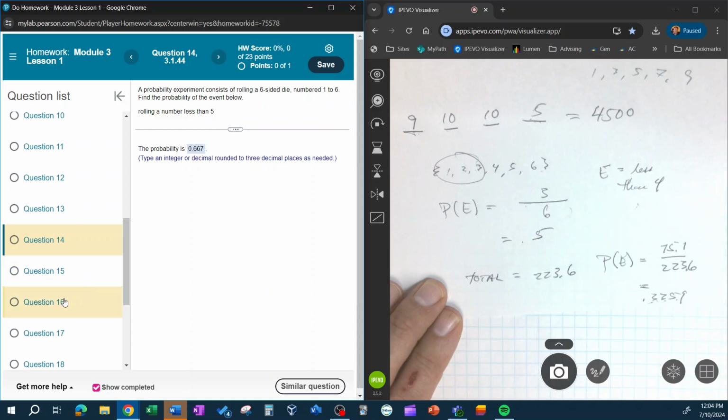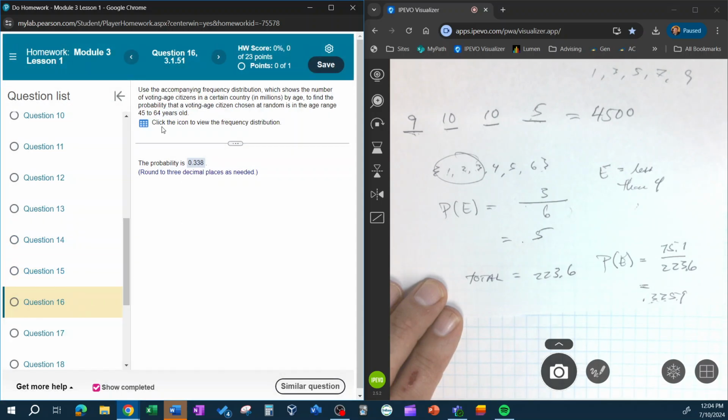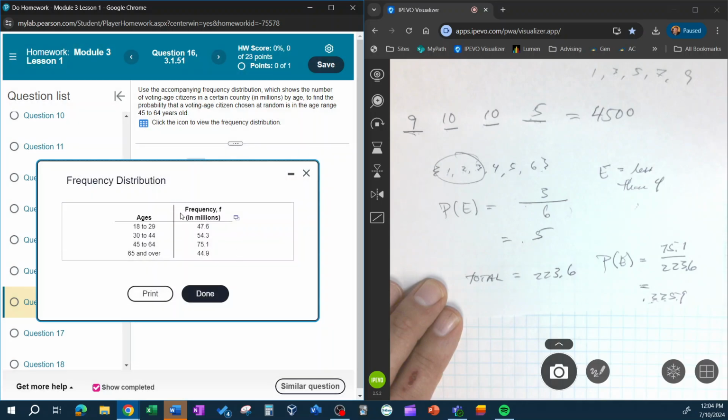The second one is more empirical, where you just count the number of people in these age groups, and after you do that, just add the total, and then you can calculate the probability that you picked someone in one of these age groups.